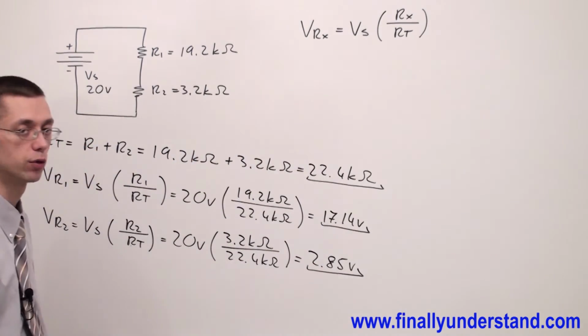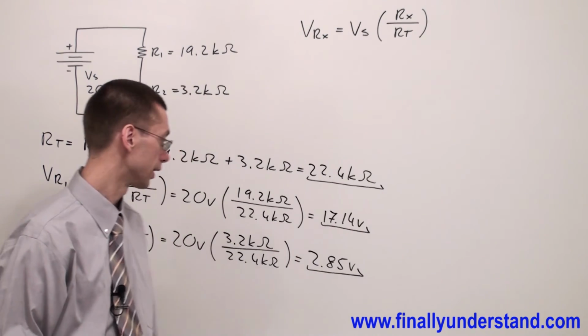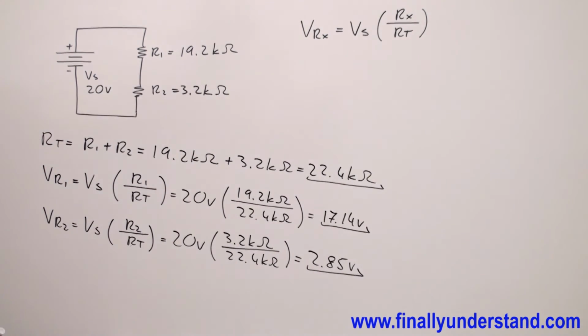As you can see, we've found the voltages across the resistors without finding the current. So this is kind of a shortcut.